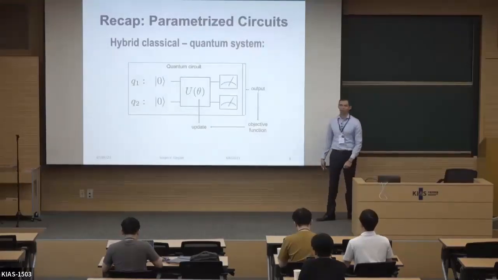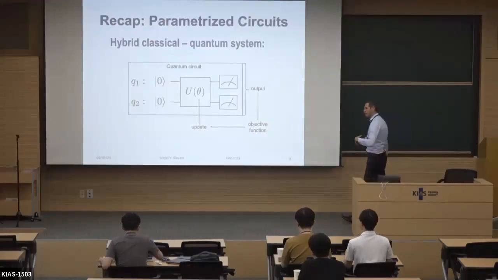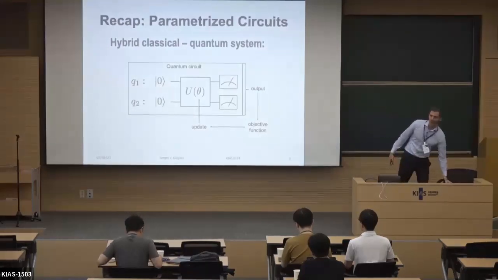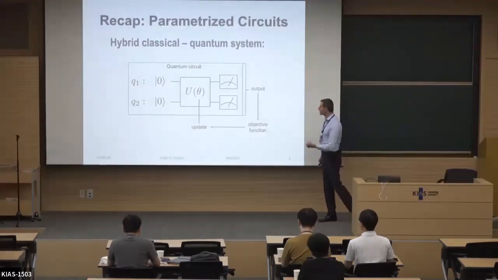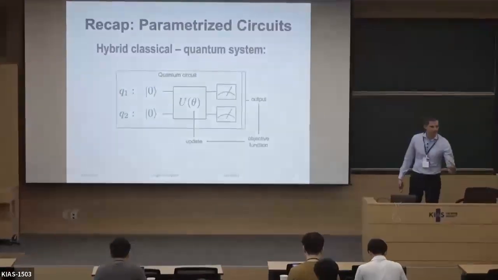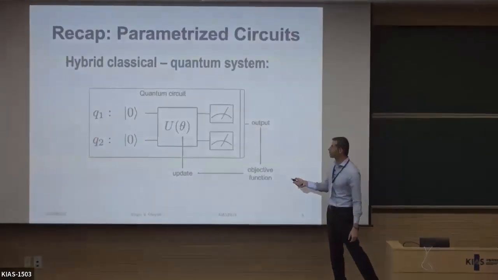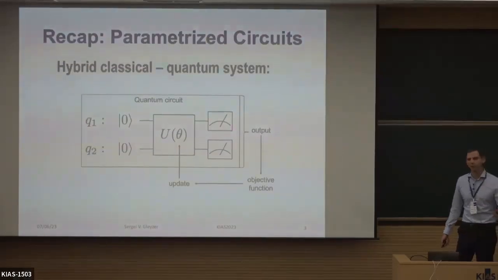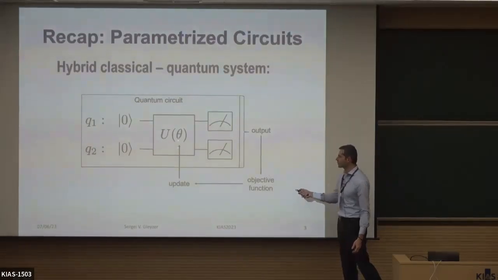You can do it over one or multiple qubits. And then your output itself is either the prediction or, if you're doing something like classification, a way for you to assess. Then you can assess classically your objective function, how you're doing, and then you can go back and update the parameters of the quantum circuit. The reason it's parametrized is that there are these free parameters theta, just like you would think classically in classical neural networks, your weights or whatever else, things that you can tune. And that's something that you can update.